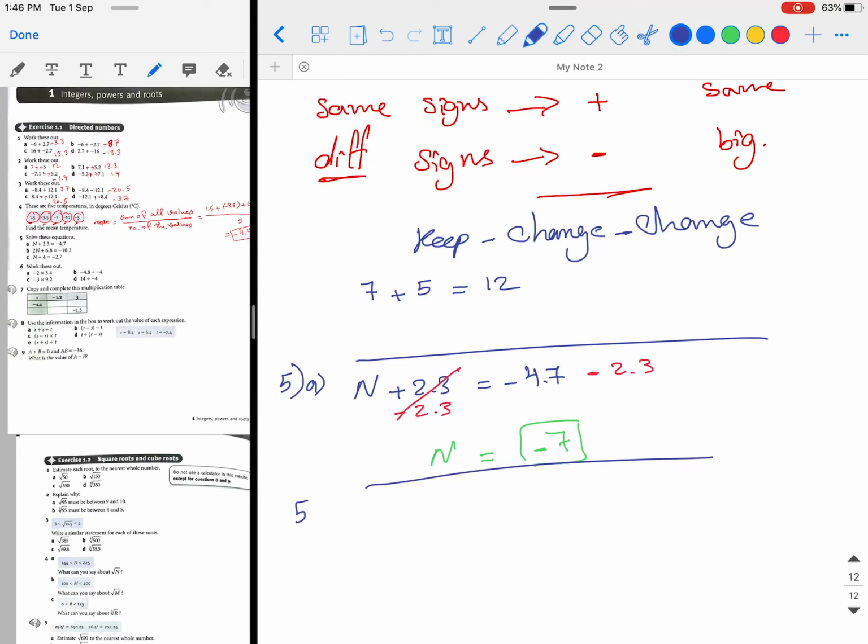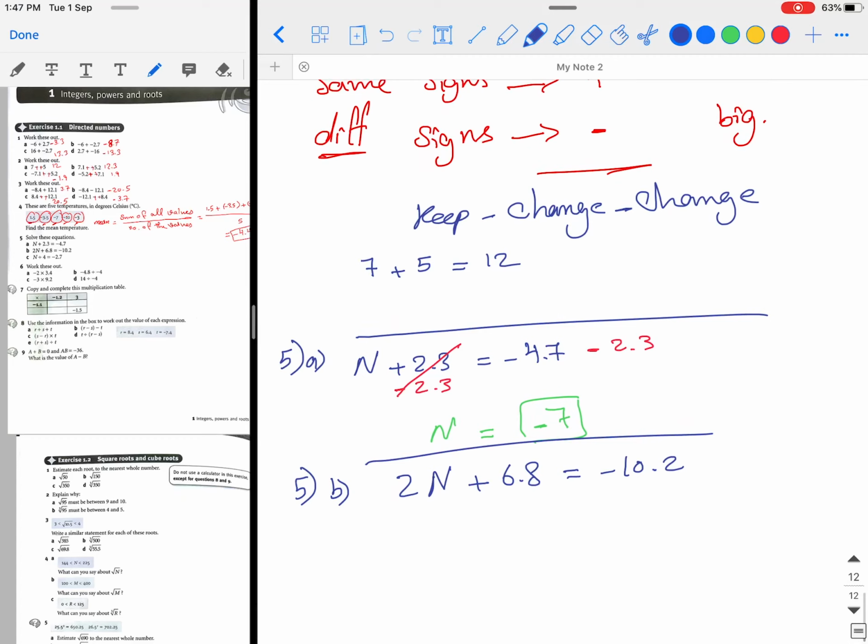Okay, after that 5b, the same idea. We have here 2n plus 6.8 equal negative 10.2. In the same way, I will make here negative 6.8 and here also minus 6.8. So I will cut this.